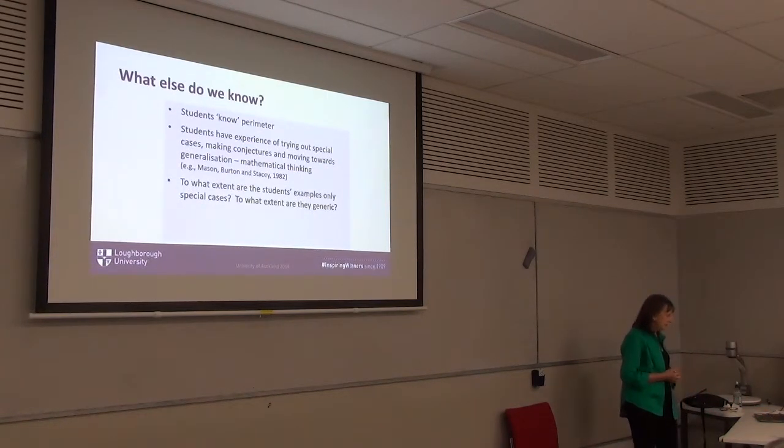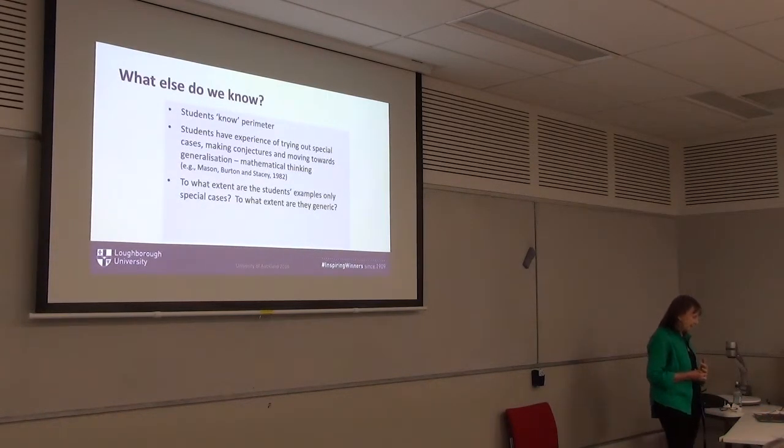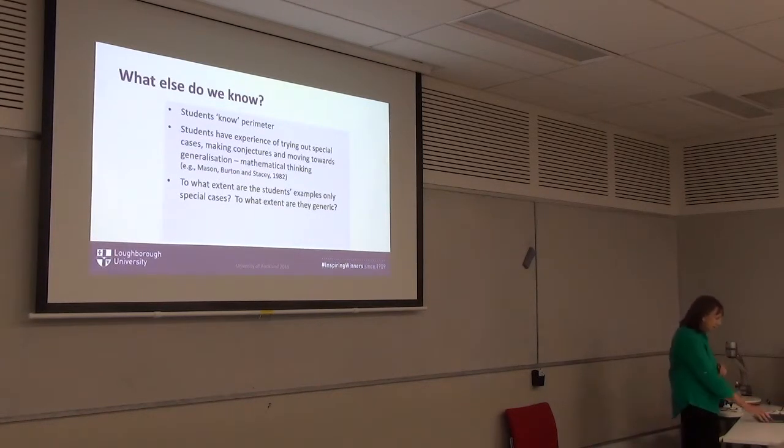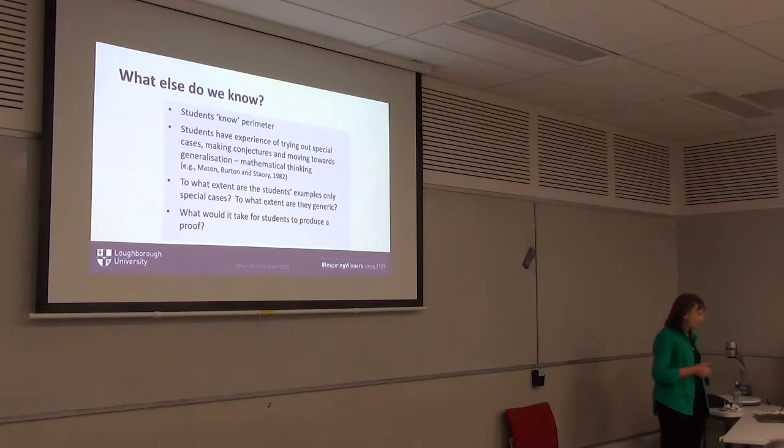We can ask to what extent the students' examples are only special cases, or whether indeed they are generic. So this set that adds up to 13 for the perimeter, can you do the same with 5 squares or 6 or however many? We don't see that, and we don't actually know what they did next.